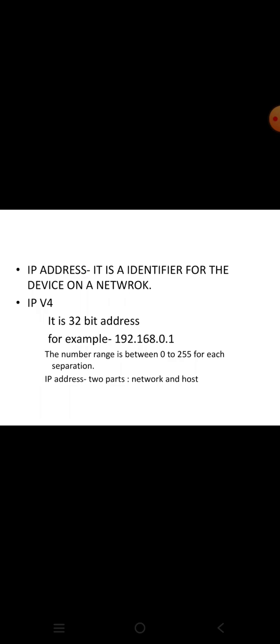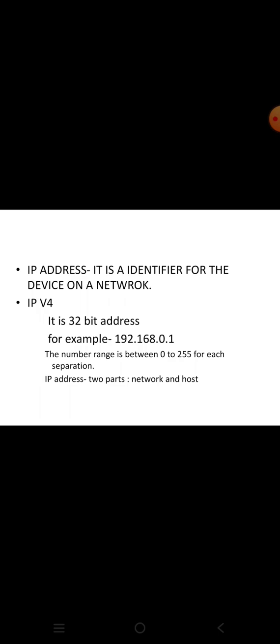Let me start with the topic of IPv4 addressing. IPv4 consists of a 32-bit address, as given in the example: 192.168.0.1.